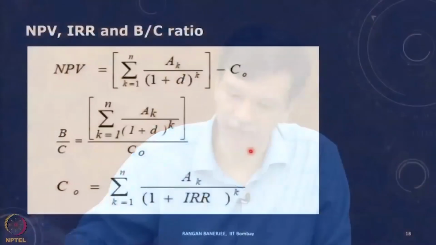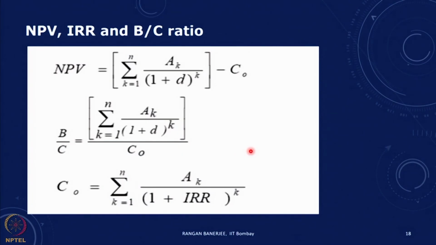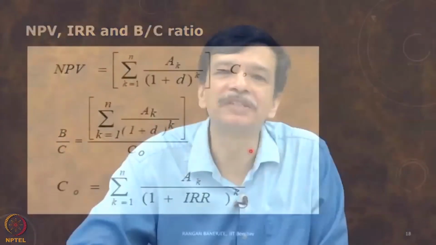So, these are the two indicators, net present value and benefit by cost ratio. There is a third indicator which comes from the same equation, but is slightly different. In the case of net present value or benefit by cost ratio, we have to take the discount rate of the company or the individual who is making the decision.